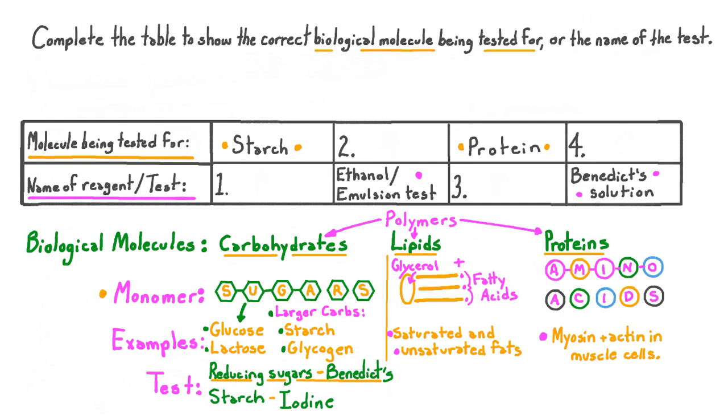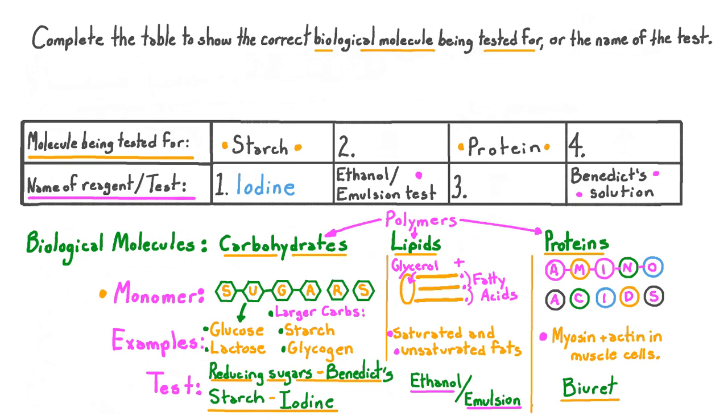The test that's used for starches, which is again many glucose molecules bonded together, is the iodine test. And an iodine solution is simply applied to the food sample. The food test for lipids uses ethanol, and it looks to see if the food sample will form an emulsion, which is cloudy. And the test used to identify protein in a food sample is called the Biuret test.